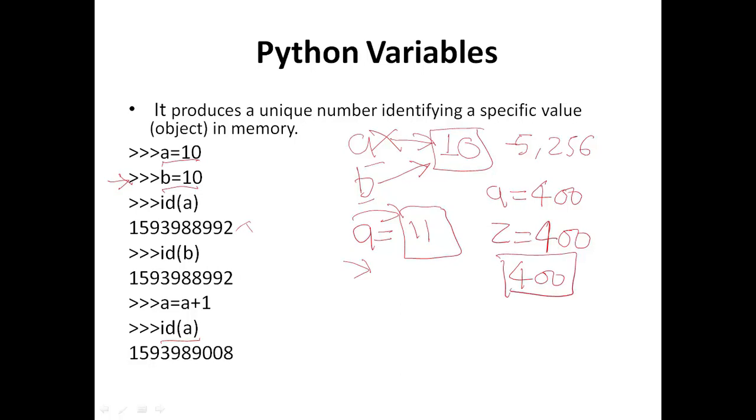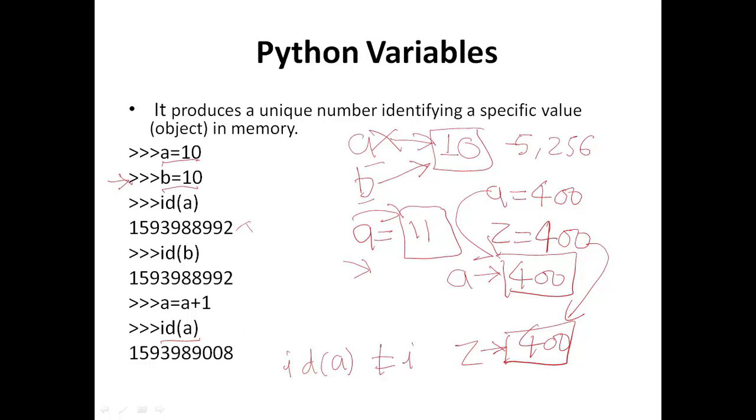For the first line, it creates an object 400 in memory referred to by variable A, and similarly for the second statement, Z equals 400, it creates another object 400 in memory and assigns that variable. You can check it: the identifiers of A and Z will be different, they are not equal. You can cross-check it in your interpreter.